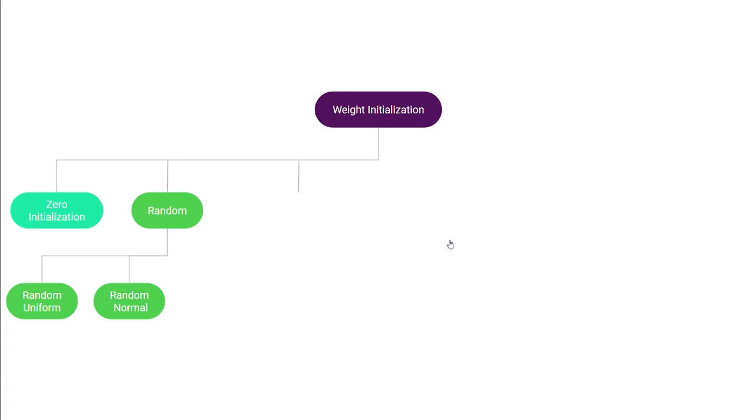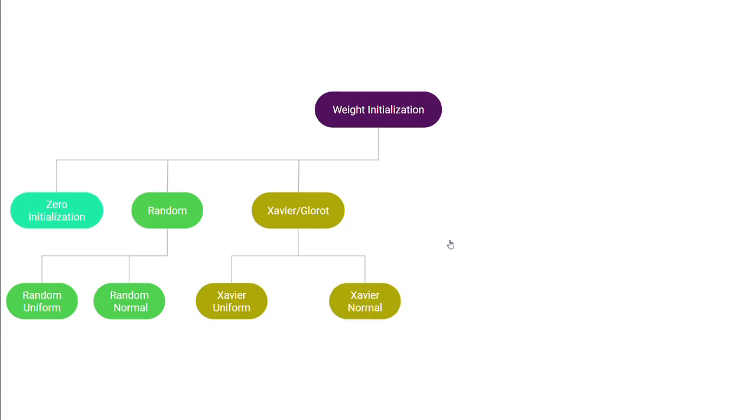Then the next we have Xavier or Glorot initialization. This also similarly has a uniform and a normal version: uniform is for uniform distribution, normal is for normal distribution. The next we have He initialization.